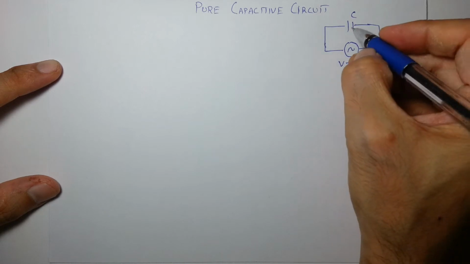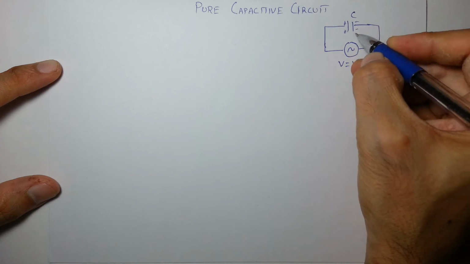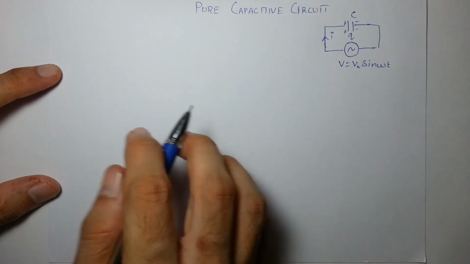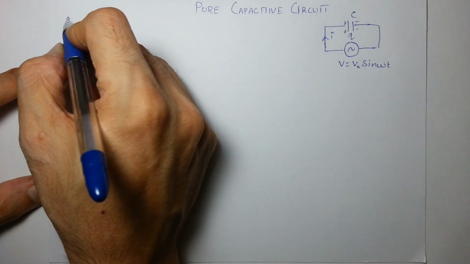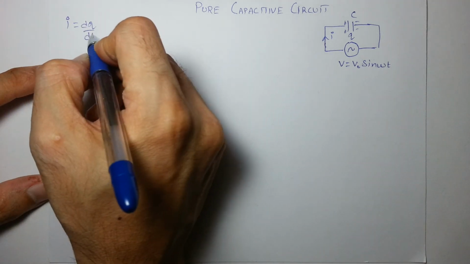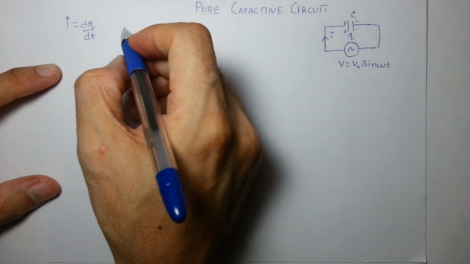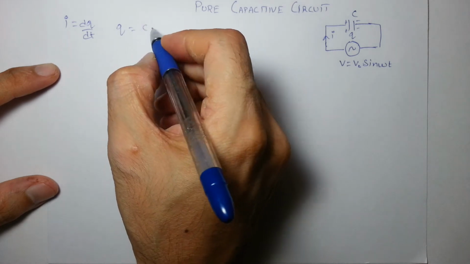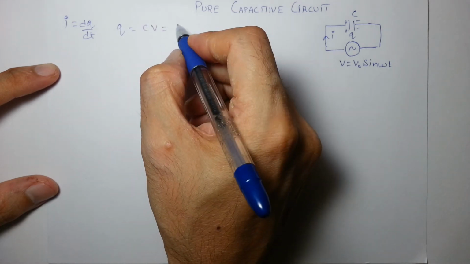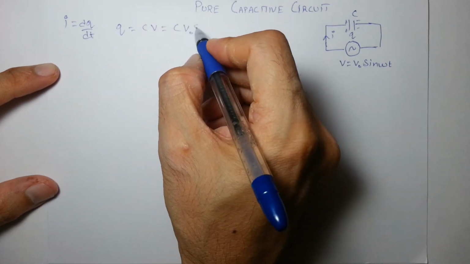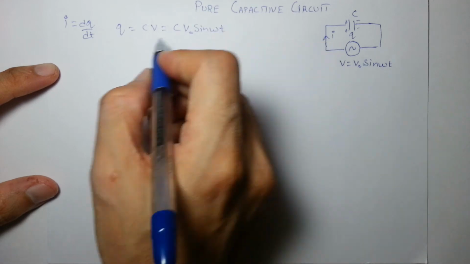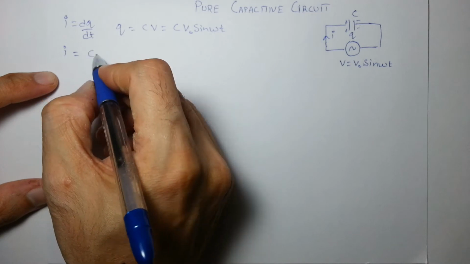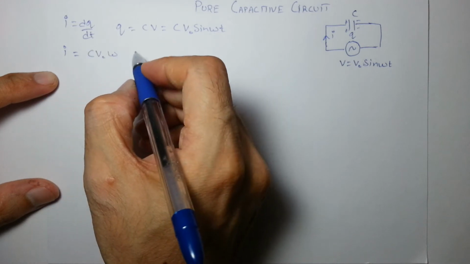omega t. Let at some moment the charge on the capacitor be Q and a current I is flowing in the circuit. As per the diagram, I is dq by dt, and using Q as C into V, which is C V0 sin omega t, on differentiating I'll get I as C V0 omega.